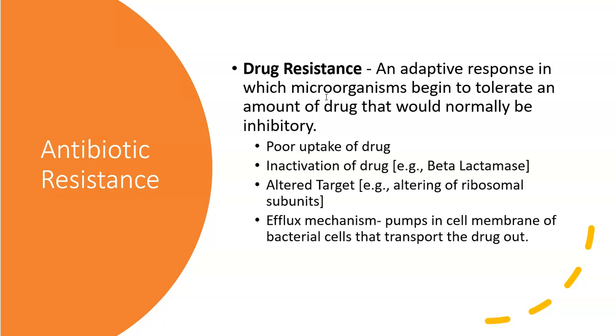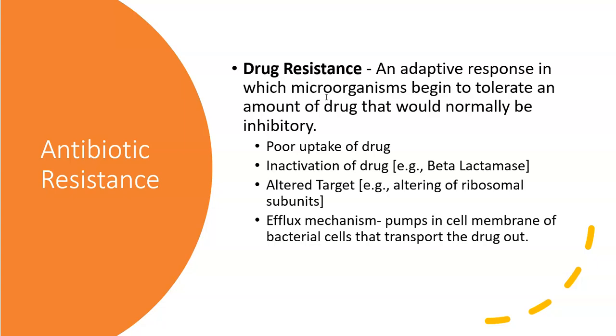Some bacteria change the target of the antibiotic. For example, antibiotics like tetracycline, streptomycin, and erythromycin all target bacterial ribosomes. So what bacteria can do is change the shape of their ribosomes so that those medications don't recognize their ribosomes anymore. And then a lot of bacteria have something called an efflux mechanism, which is a pump in their cell membrane that can pump the medication out of the cell.